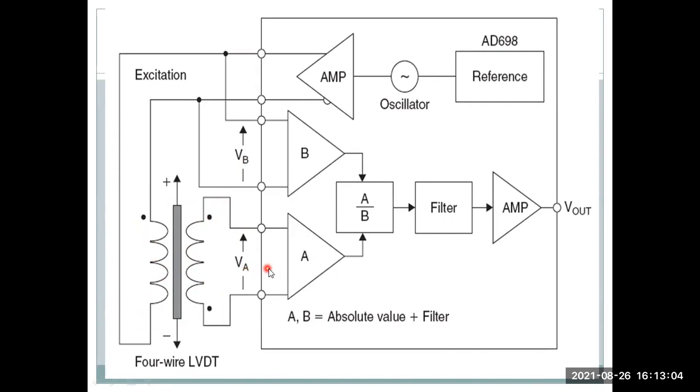This output is amplified and compared with B, B meaning the input, as A by B, and then it goes to the filter, then the op amp, then it produces some output. This output is given to the display unit so that we can see the displacement, and it may be sent to the controller so that the controller can control the position as per requirement. So this is the LVDT, linear variable differential transformer.